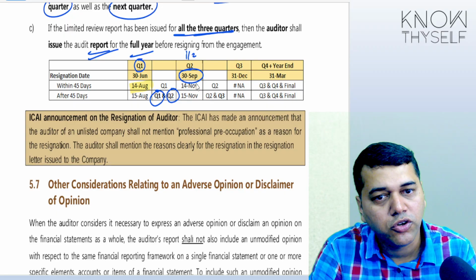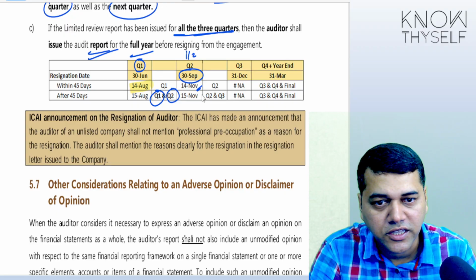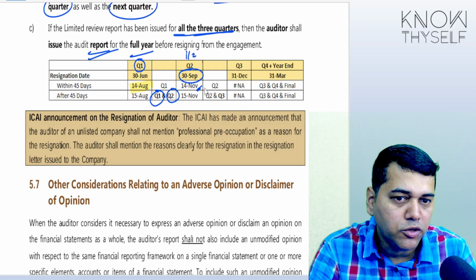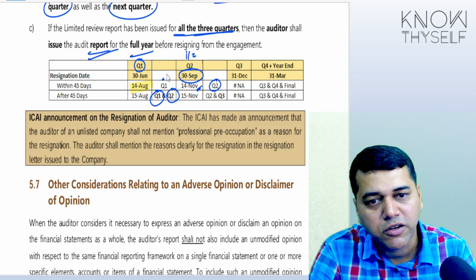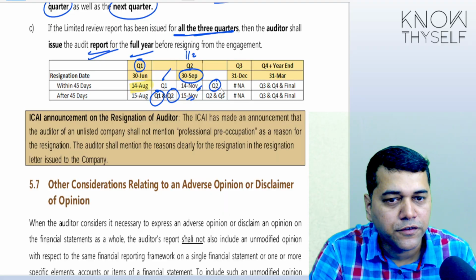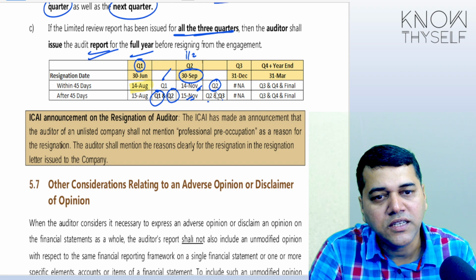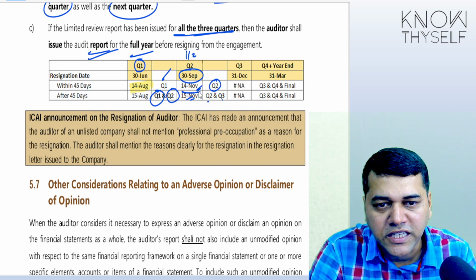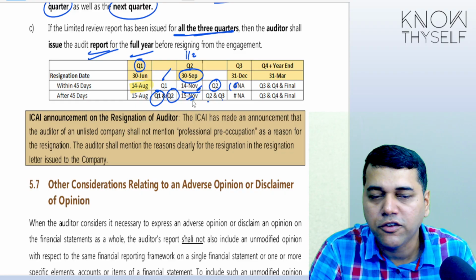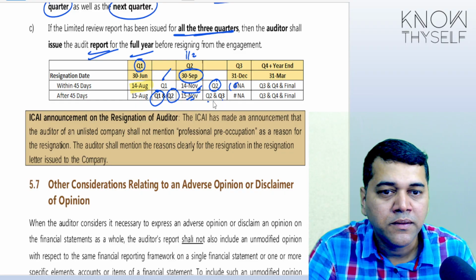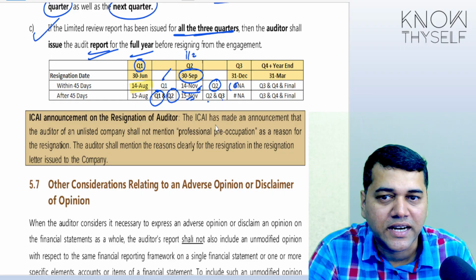Similar story goes for September to 14 November. So if you resign on 14 November, you issue for Q2 because you must have already issued for Q1. If 15 November, then Q2 and Q3. And after that, from 15th of November, it really doesn't matter. Why? Because the third element gets attracted.